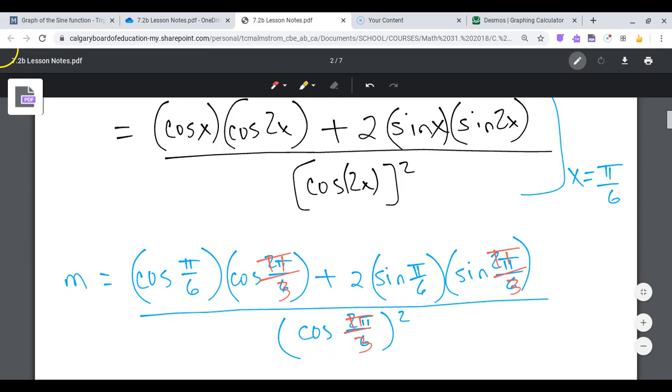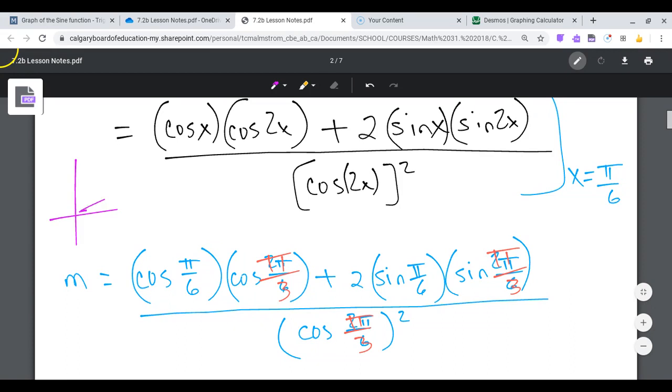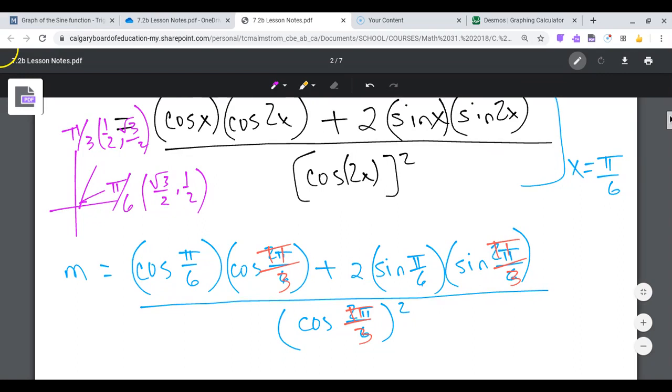And so I'm looking on my unit circle at both the coordinates at pi on 6, which would be root 3 on 2 and 1/2, and the coordinates that are happening at pi on 3, which would be the opposites of those, 1/2 and root 3 on 2. And then I'm going to fill in those down here.